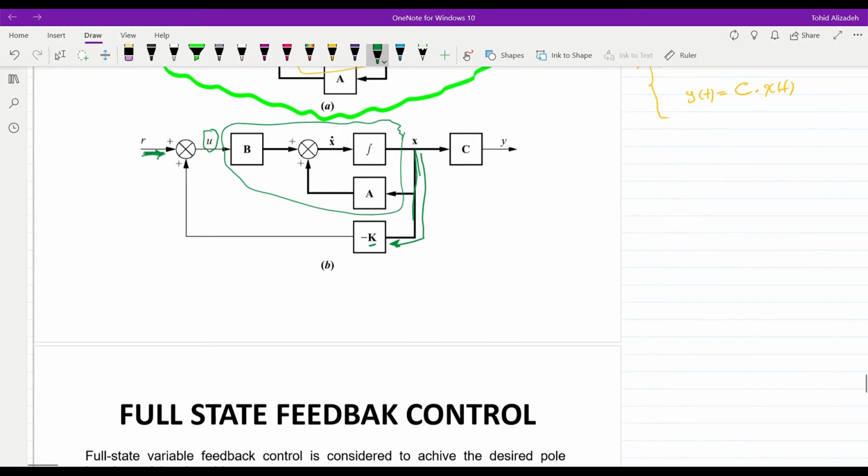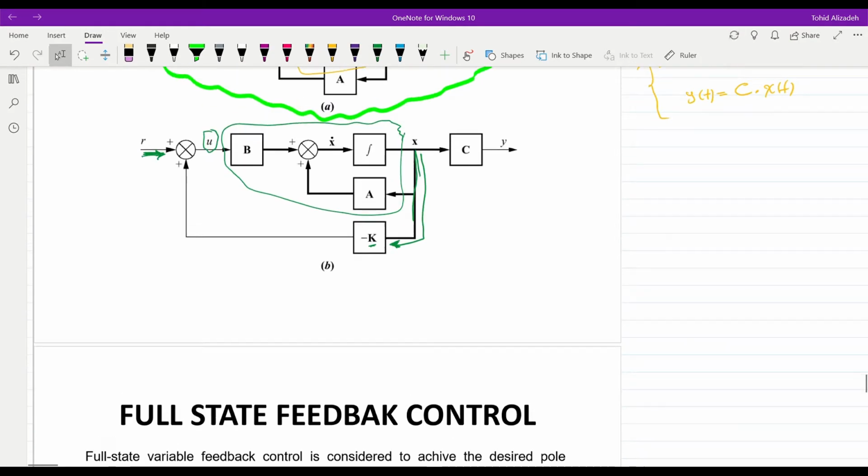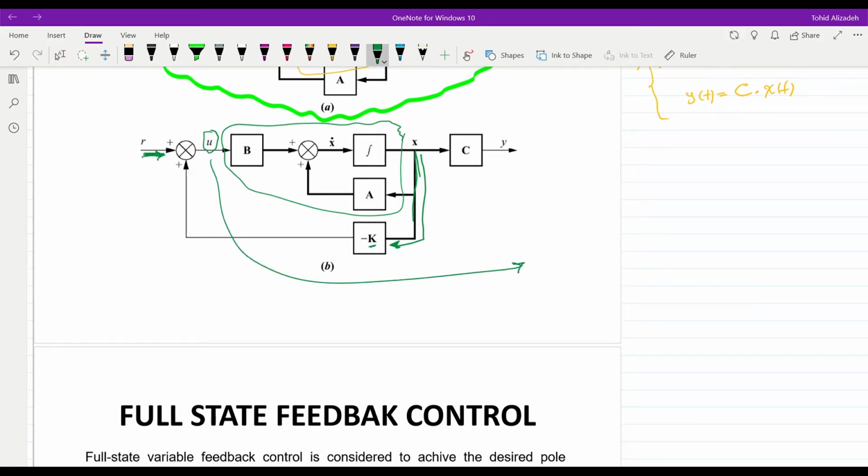So let's see what we will have in this case. The u signal will be obtained as R minus K times x. K will be in the form of a row vector, and its size will depend on the number of the states.